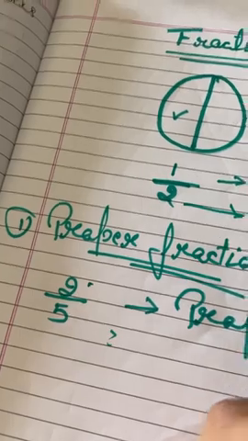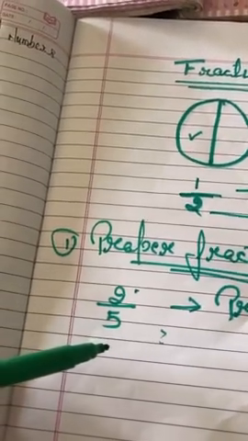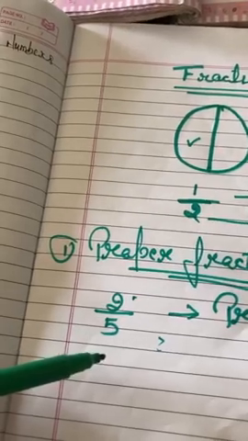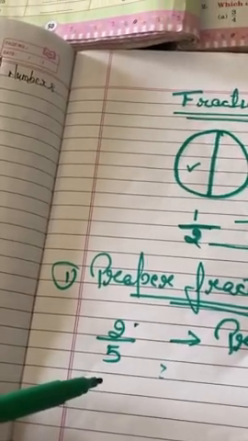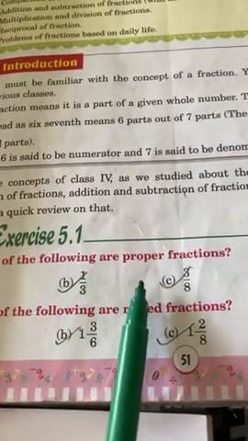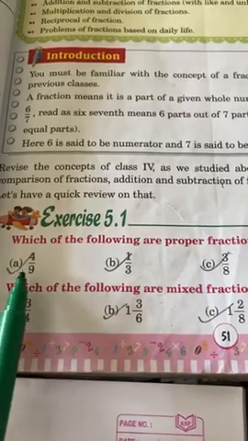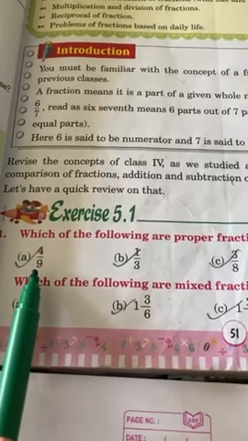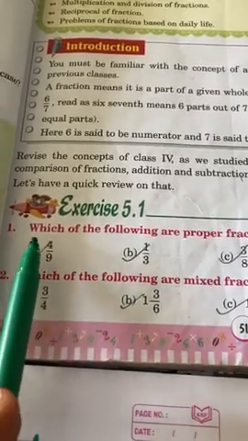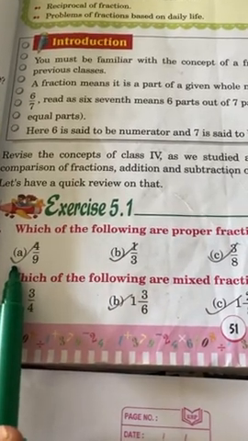The fraction in which numerator is less than the denominator is called a proper fraction. So our first question is, which of the following are proper fraction? Number 1, 4 by 9. Denominator is 9 here. That means numerator is less than denominator. So it's an example of proper fraction.